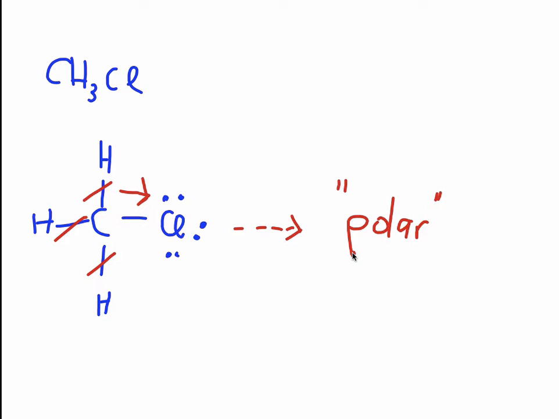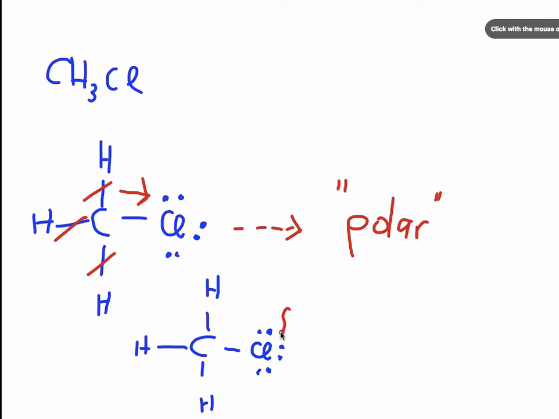So if I were now to draw the Lewis structure again with the dipoles, I'm not going to draw anything on the CH's, but I'm going to have partial charges on this, and partial charges on this.